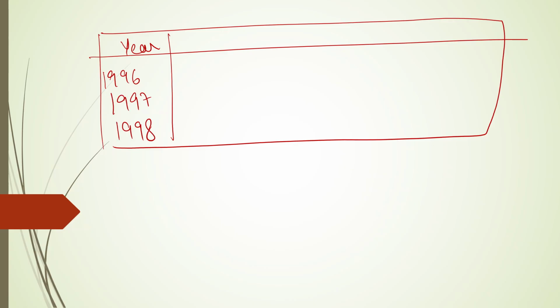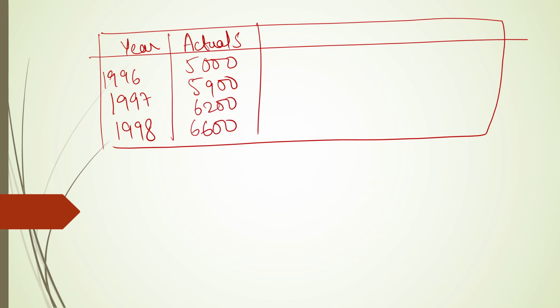Then you will be given your actual sales, let's say 5,000, 5,900, 6,200 and 6,600.